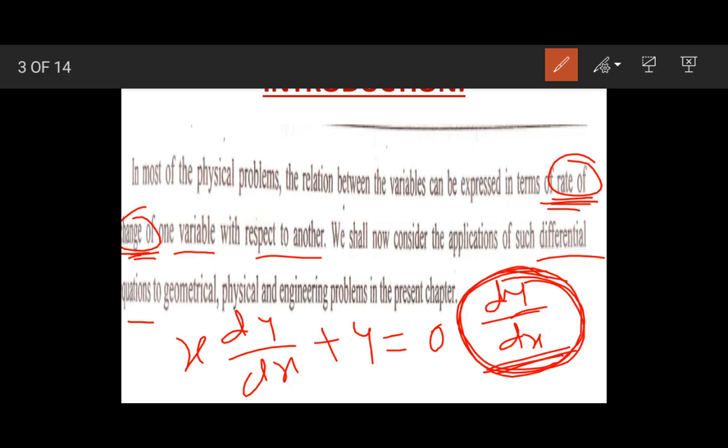In most engineering problems we get such an equation, and the most difficult part is to form this differential equation and then to find its solution. We shall now consider the applications of such differential equations to geometrical, physical and engineering problems in the present chapter.